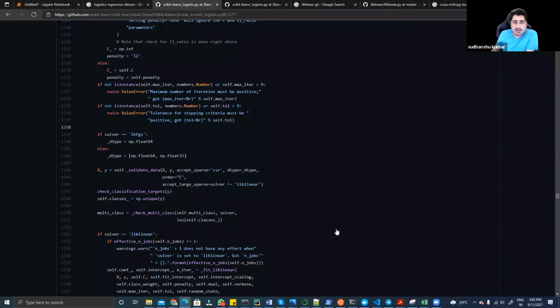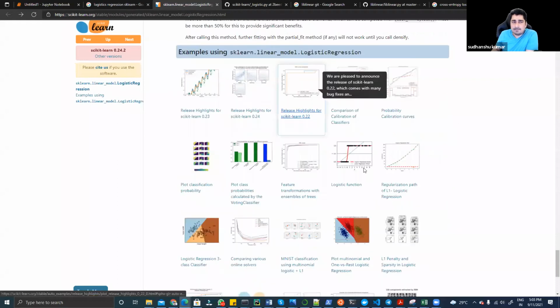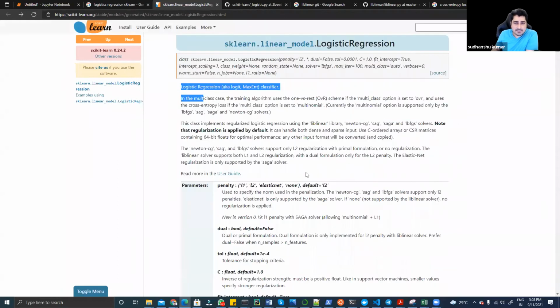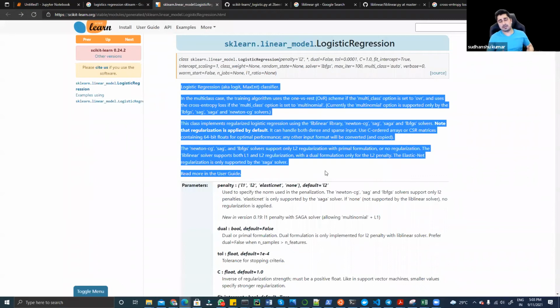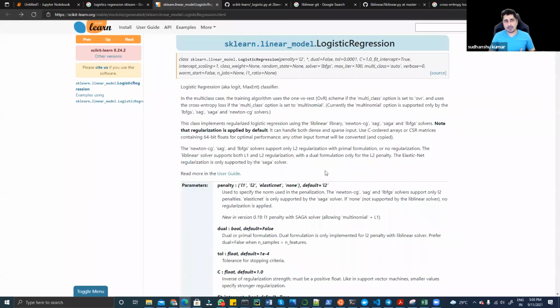So these are the implementations given. Whenever you are trying to read or implement anything, always look into the original libraries, the latest library version that you are using. That will be very helpful for you in the long term as well as in the short term.